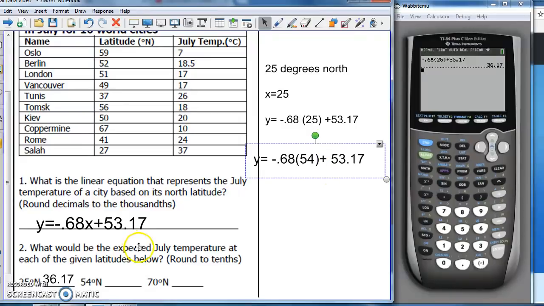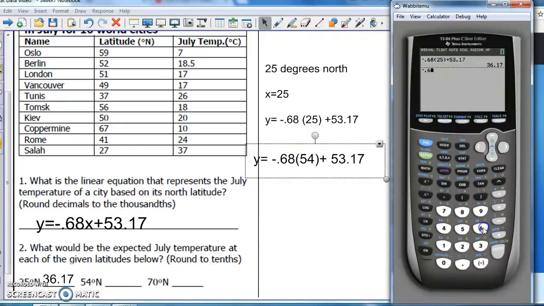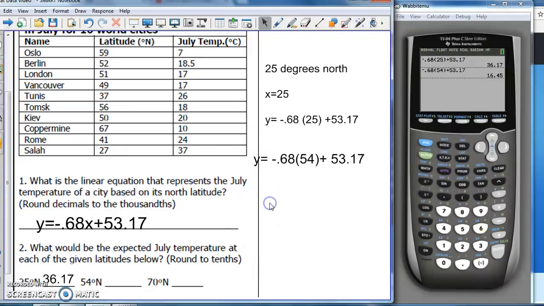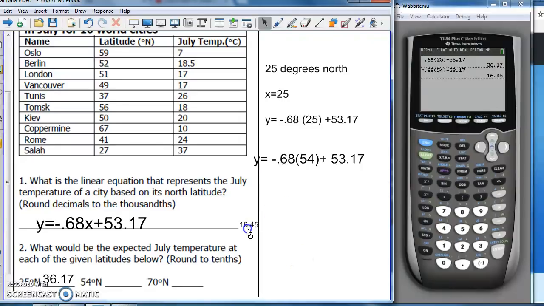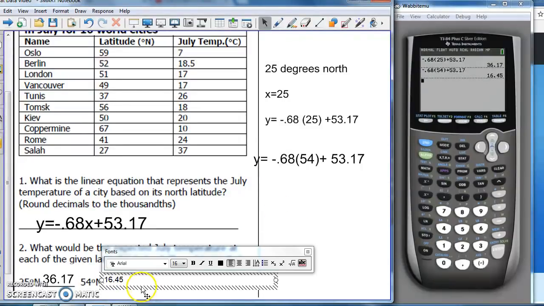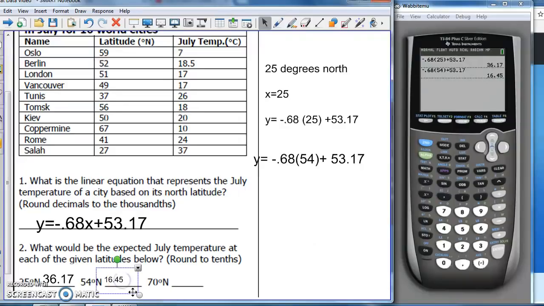It's asking me what is the expected temperature at 54 degrees north. So I'm going to do negative 0.68, open parentheses, 54, close parentheses, plus 53.17. And the expected temperature is 16.45, and that's not latitude, that is degrees temperature.